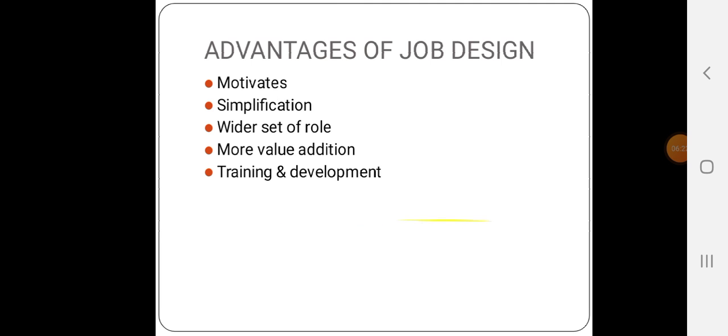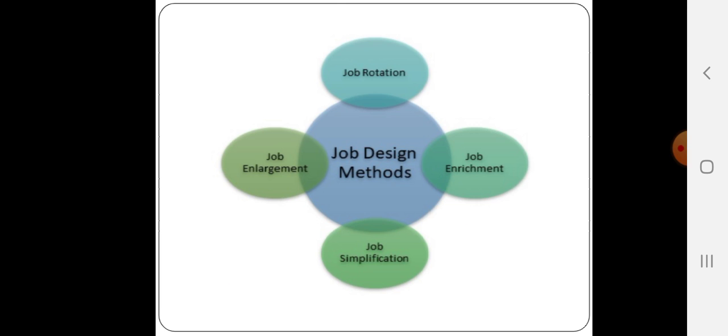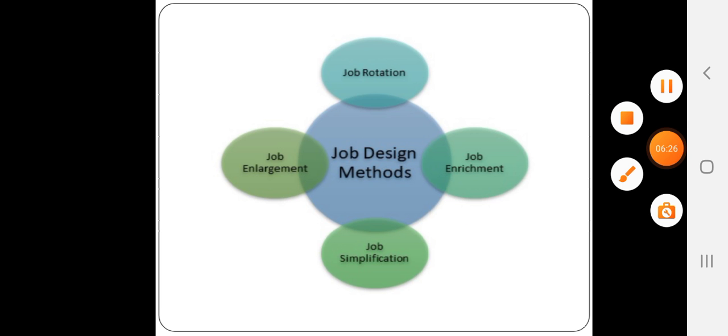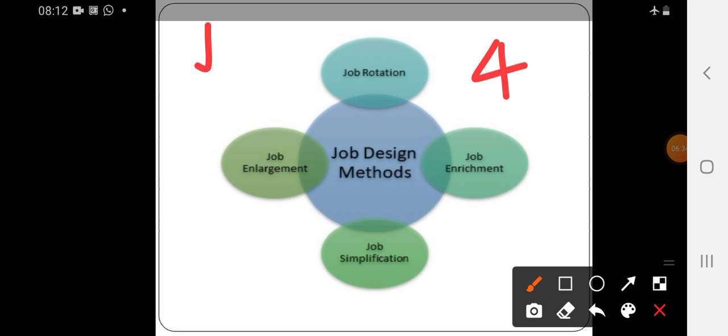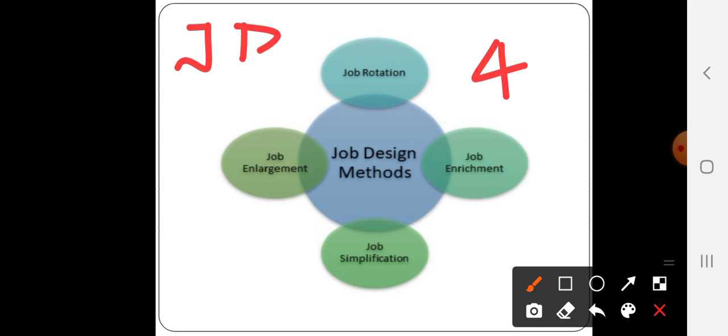As I have told you, job design is made up of four parts: job rotation, job enrichment, job specification, and job enlargement. These are the four factors which make a particular job design, and these are the methods of job design.